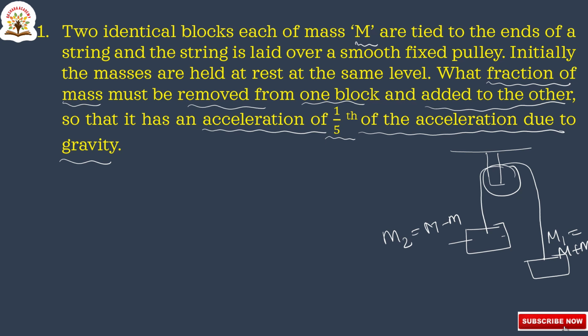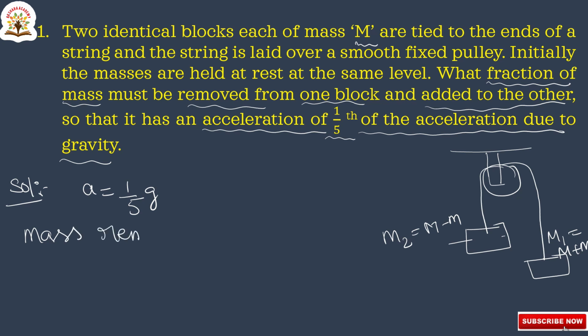Now let us go to the solution. A is equal to 1/5 of g. Mass m is removed from the second block and is added to the first block.